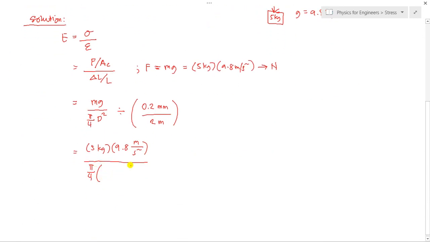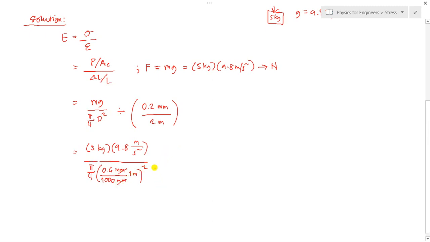So since ang acceleration due to gravity is in meters, obliged kita nga i-convert ang mm into meters. So that is 0.6 mm, and then we all know that 1000 mm is 1 meter. Then squared.